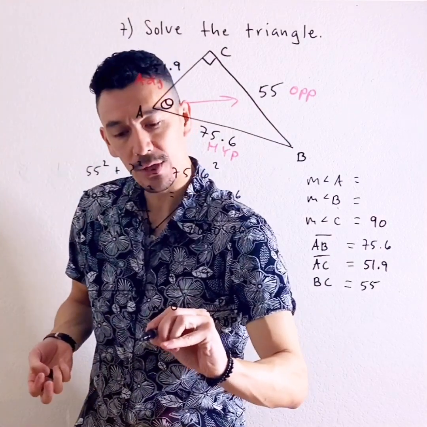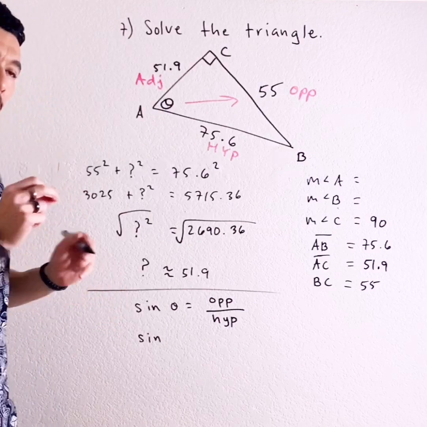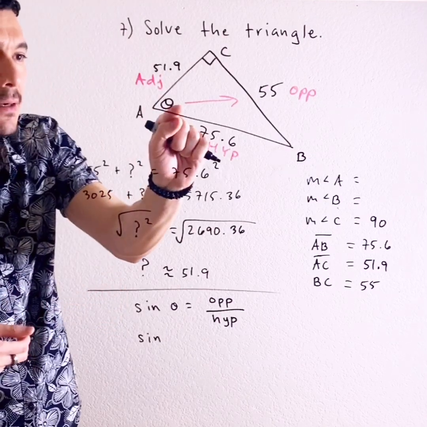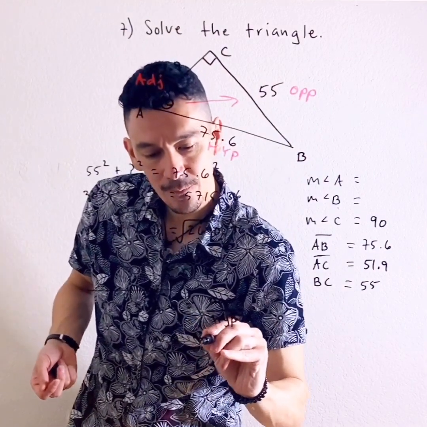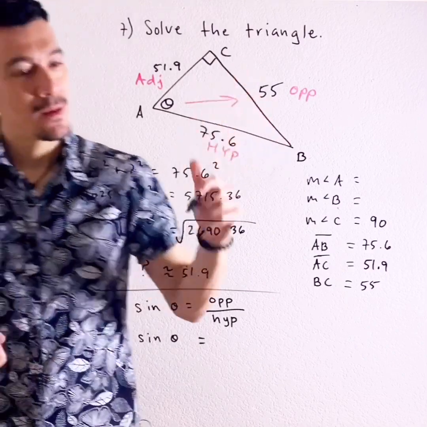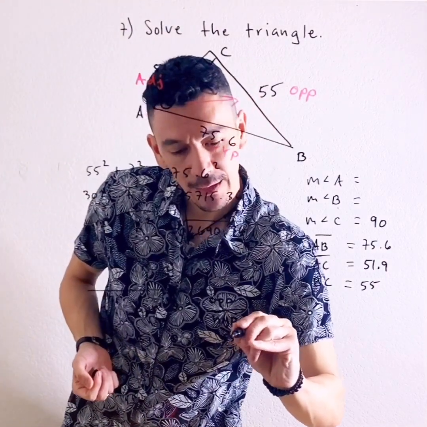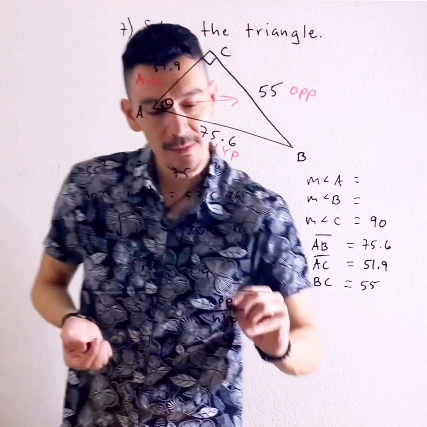So this is still just sine. Theta is your angle, where you are positioned. I am here. I don't know the angle, so you know what? Just leave it theta. What's my opposite? My opposite is 55.